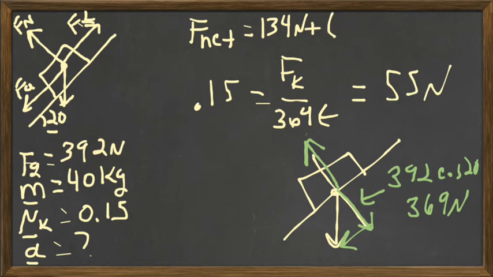Now, I can't forget it is opposite the direction of the motion, so I'm going to make it negative. My net force winds up being a whopping, what was it, 79.